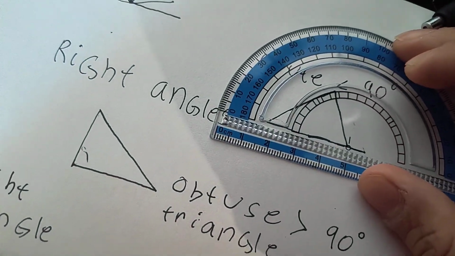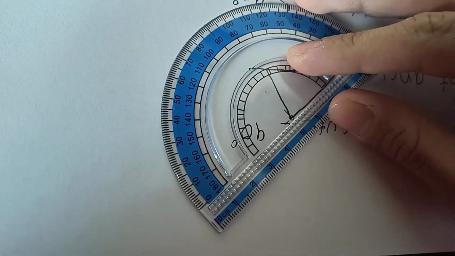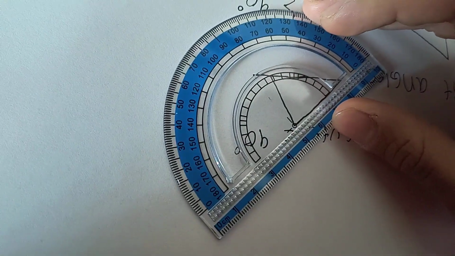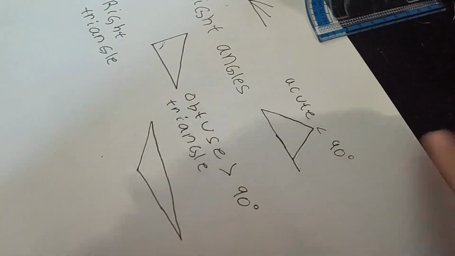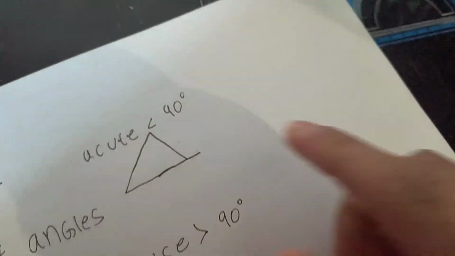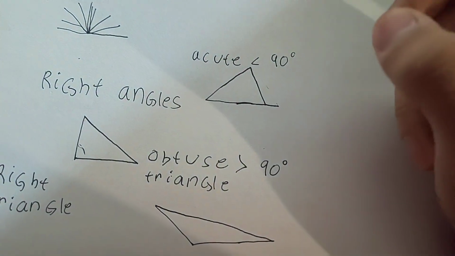That is less than 90 degrees. That is less than 90 degrees. And I already know that this one's less than 90 degrees. So this one is an acute triangle because all of its angles, this angle, this angle, and this angle, are all less than 90 degrees.